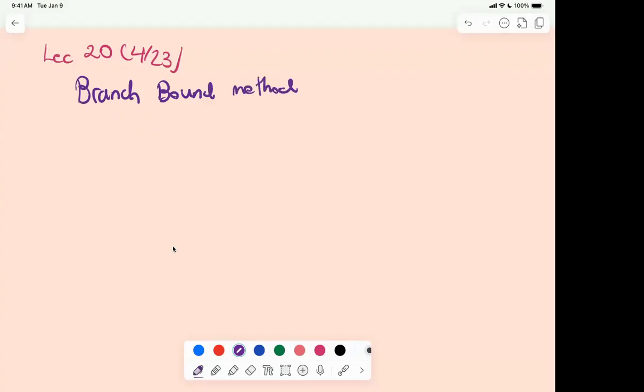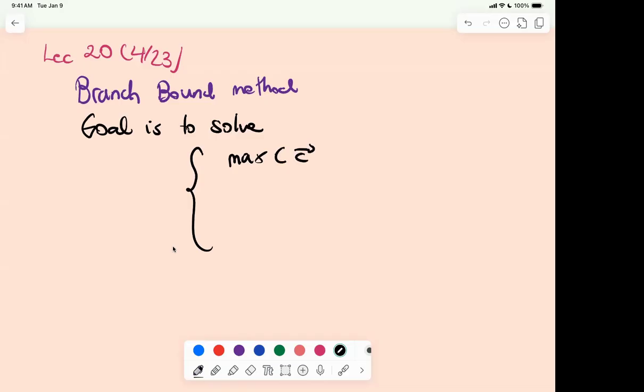So again, the goal is to solve the max of c dot x subject to x greater or equal to 0, Ax less or equal to b.